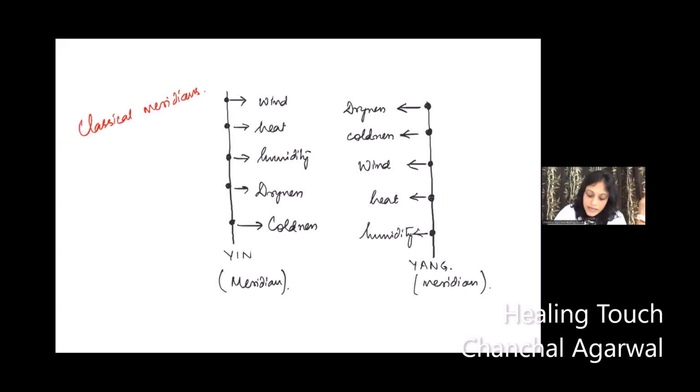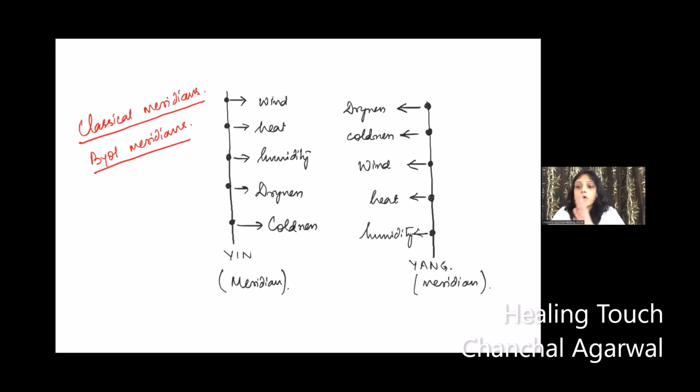These channels, plotted by human beings, by Professor Park Jae-woo, are called Byol meridians, B-Y-O-L. The classical meridian is the bigger one, and the same replica of it is the Byol meridians.